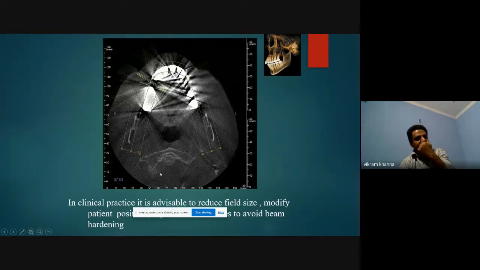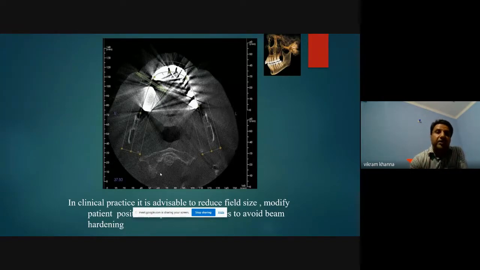So it is always advisable to avoid the filling, reduce the FOV, or modify the patient position. This is in older machines. Nowadays, newer machines have got a different kind of algorithm known as iterative algorithm, which is used to mask all these highly radio opaque things, or highly radio opaque bands.